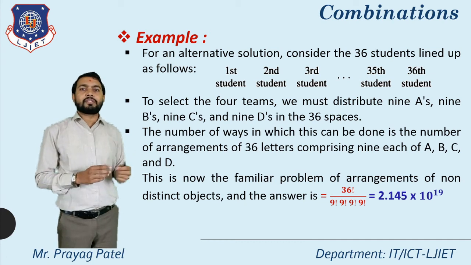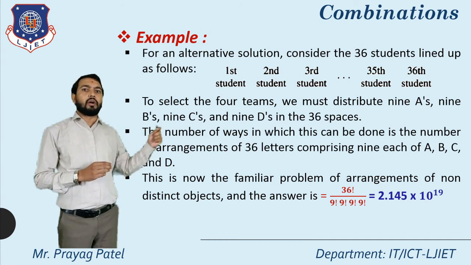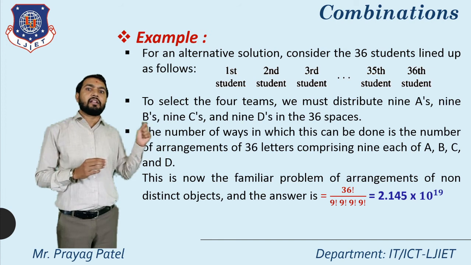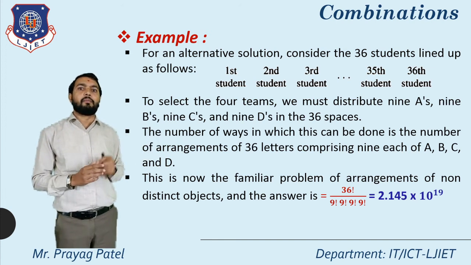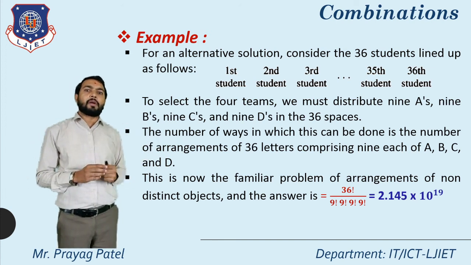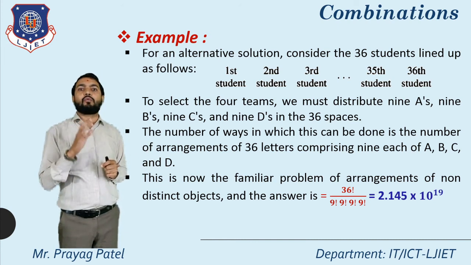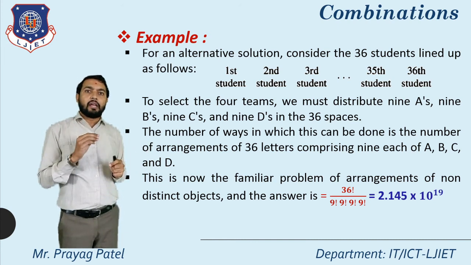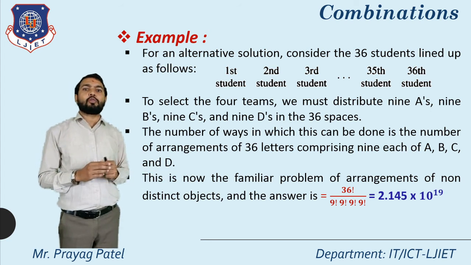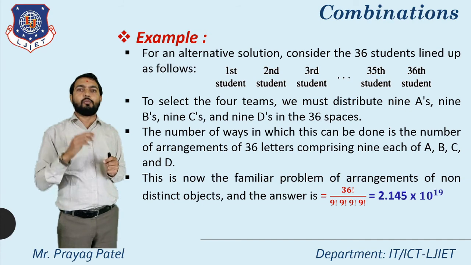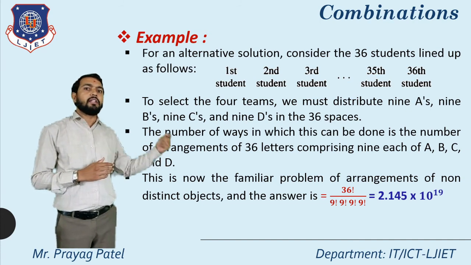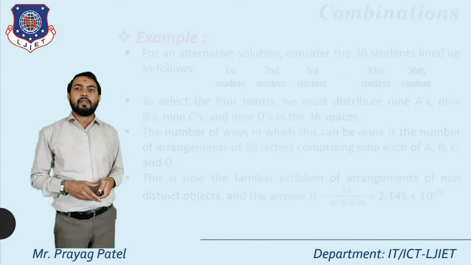So according to the repetition rule, we can combine this as 36 factorial divided by 9 factorial times 9 factorial times 9 factorial times 9 factorial, because we have to select a total of n equal to 36 and A is repeated 9 times, so first 9 factorial, then 9 factorial, 9 factorial, like this. So the final answer is the same for both cases. So you can find the answer using either method.